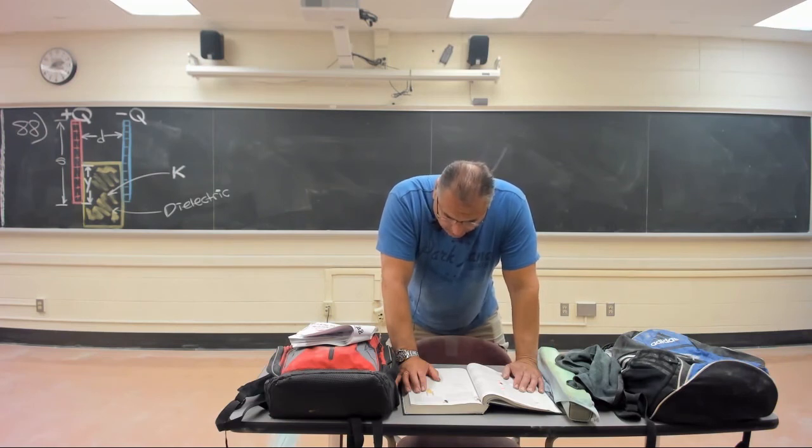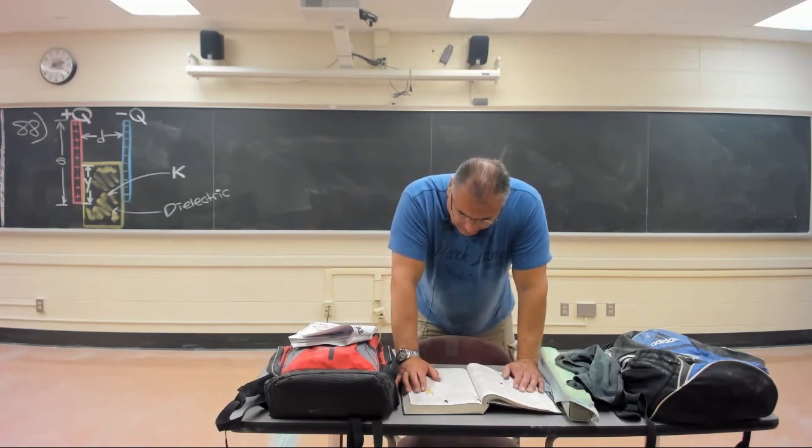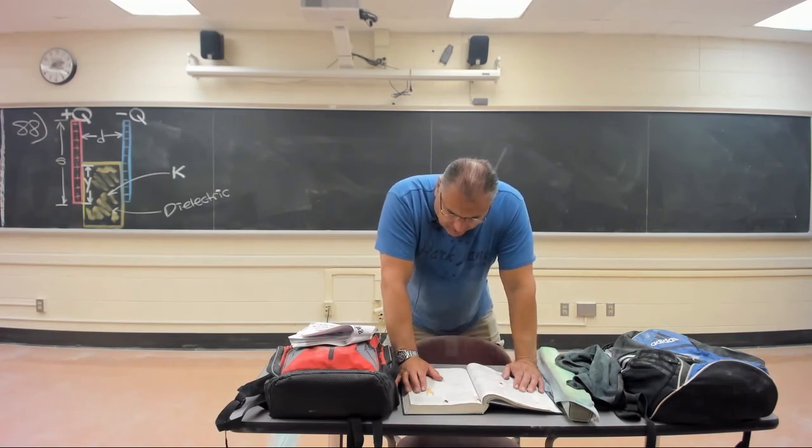The capacitor is charged by a battery to a charge Q equals 4 microcoulombs. So positive 4 microcoulombs on the positive plate and negative 4 microcoulombs on the negative plate, after which the battery is disconnected. A porcelain dielectric, kappa equals 6.5, is then inserted a distance Y equals 1.00 centimeters into the capacitor.